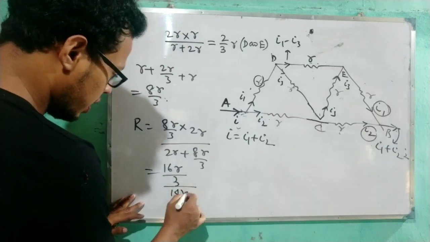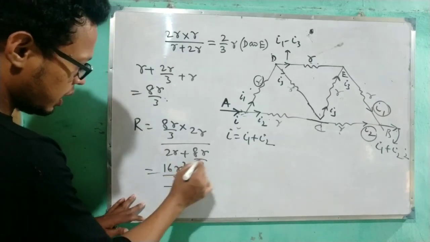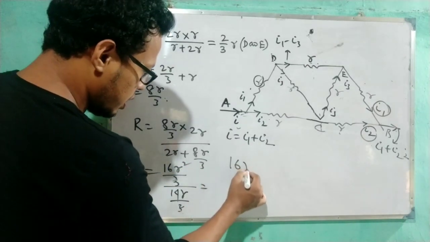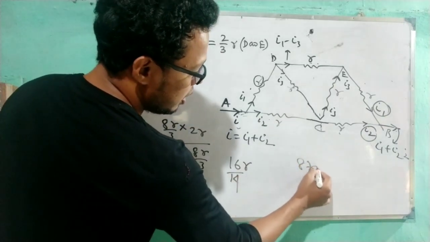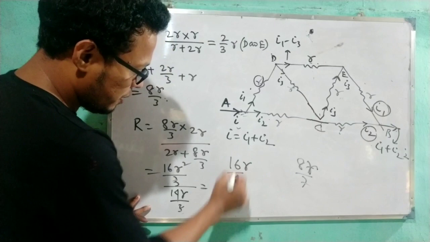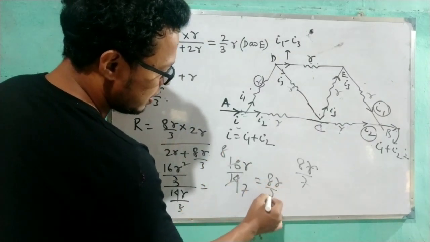So 14R by 3, 3 cancel, we are getting 16R square divided by 14R. So answer was how much? 8R divided by 7. See, 2, 8, 2, 7. So answer is 8R by 7.